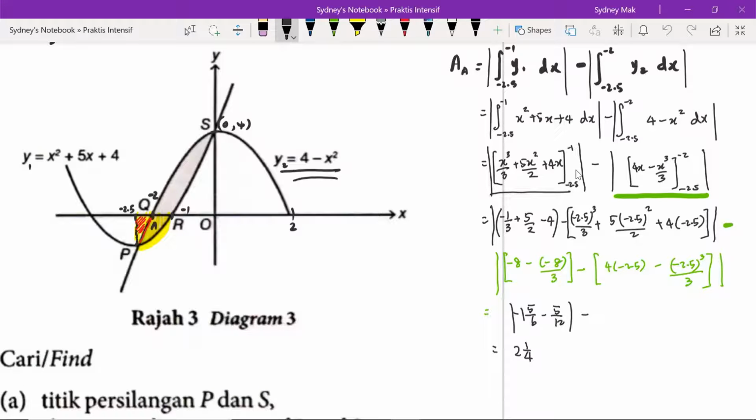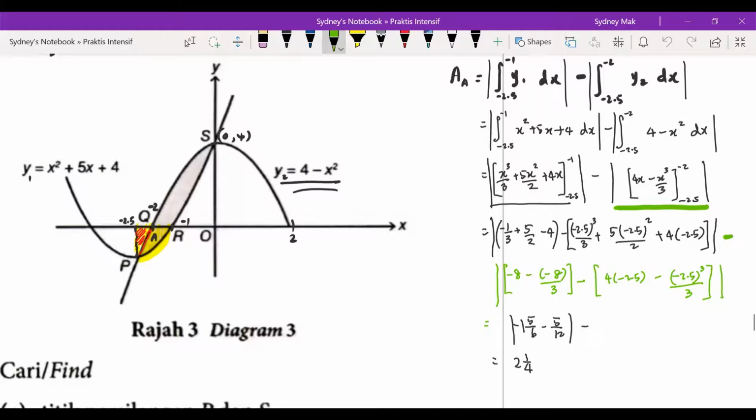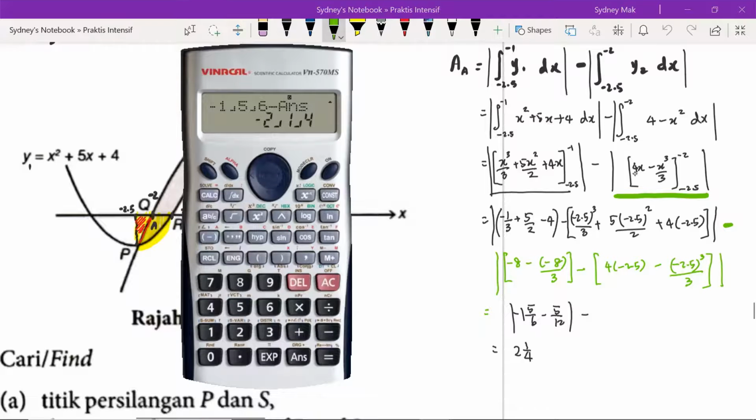And now we minus the second part, the green part. So for the green part, the function is 4x minus x cubed over 3. So substitute this in our calculator. Key in this in the calculator.